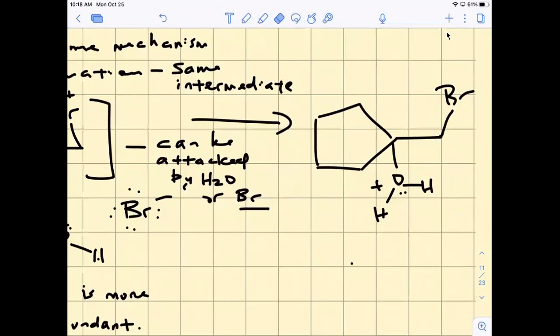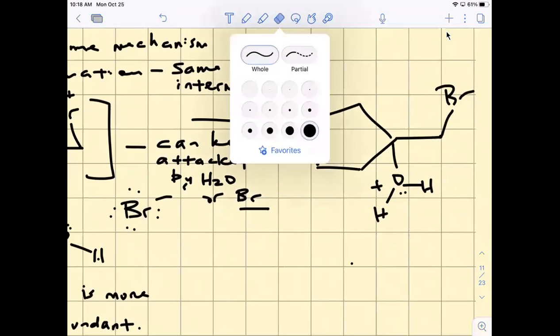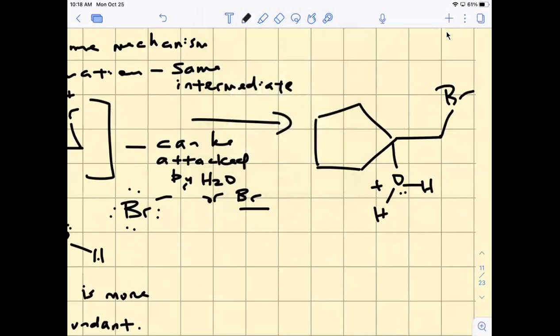All right. Now, what do I need to do to that in order to get to the product? To make that water simply an alcohol. Is the other bromine gonna attack the hydrogen? Yes. What's that process called? We learned that a long time ago. Is it proton transfer or is it something else?